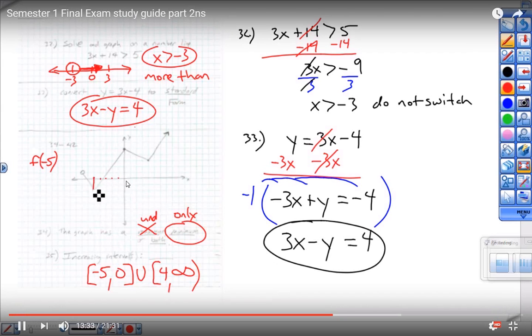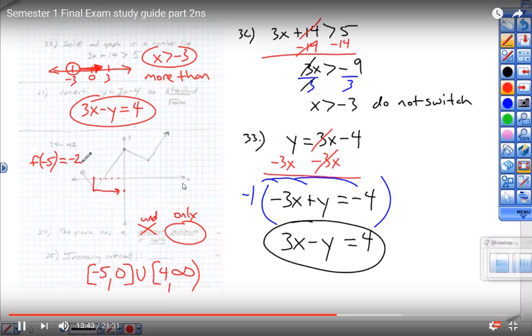So go to negative 5 on the x-axis, go down until you hit that line, and look over on y to see what you get. So again, if I give you negative 5, this is me giving you x. Find x is negative 5 on the x-axis. Go up or down until you hit that line, and when you do, look over at y to see what you get, and that's where I get negative 2.